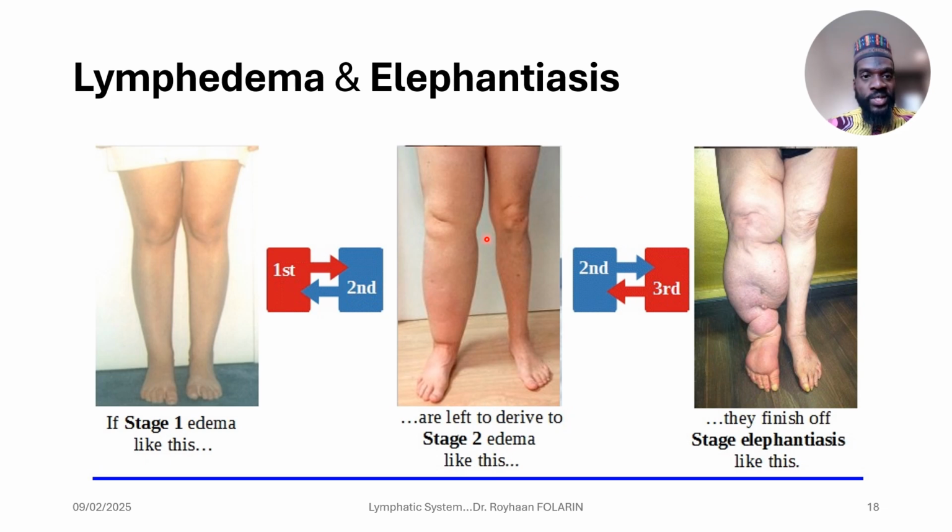So in order to reduce the incidence of elephantiasis, more intervention would definitely be required at an earlier stage than the later stage. That's why if a stage 1 lymphedema like this is left untreated, then it becomes a stage 2 like this, where you start having the permanent swelling. And if not intervened at this stage as well, it will end up leading to the advanced stage, which becomes the elephantiasis.